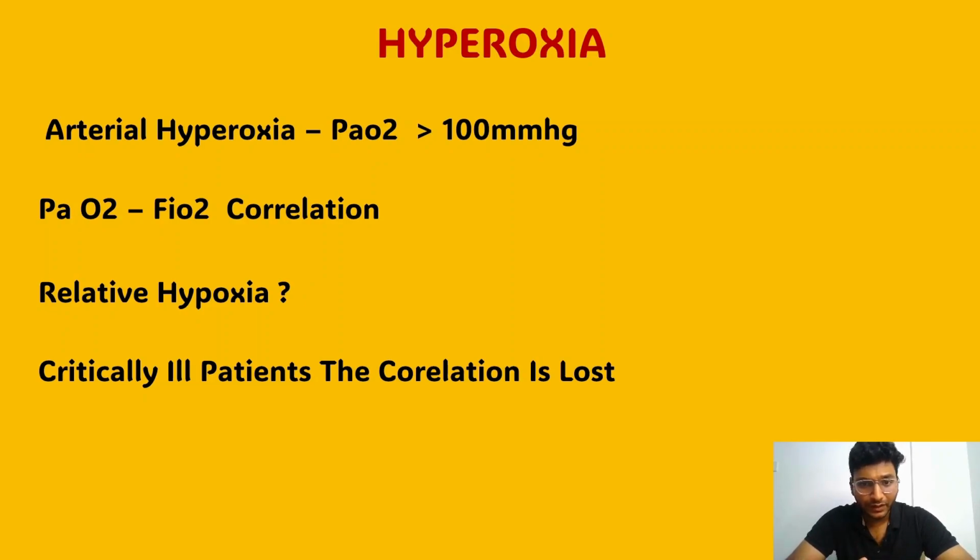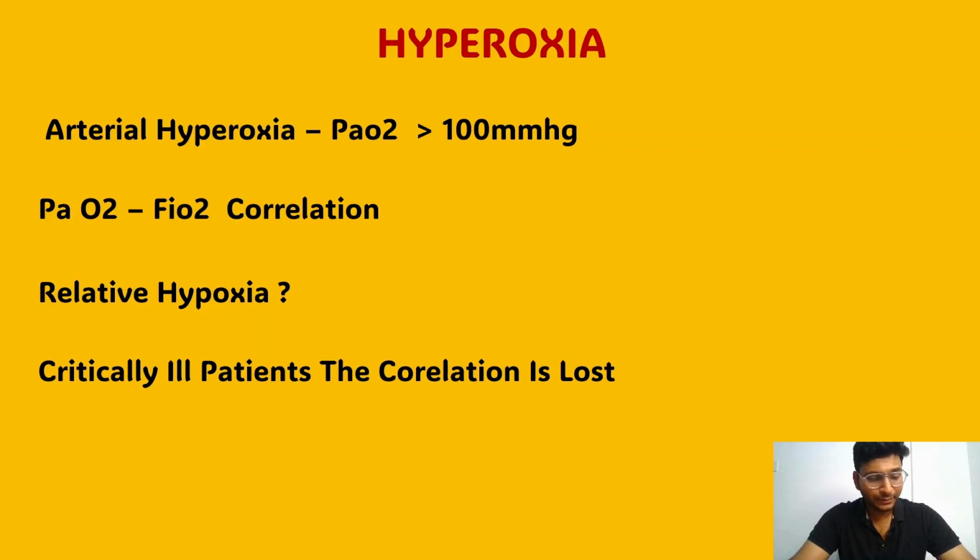of mercury. So there is a concept known as relative hypoxia, where the patient is given an FiO2 of 50%, and if the patient has a partial pressure of oxygen less than 250, the patient is hypoxic for that corresponding FiO2. You understand?